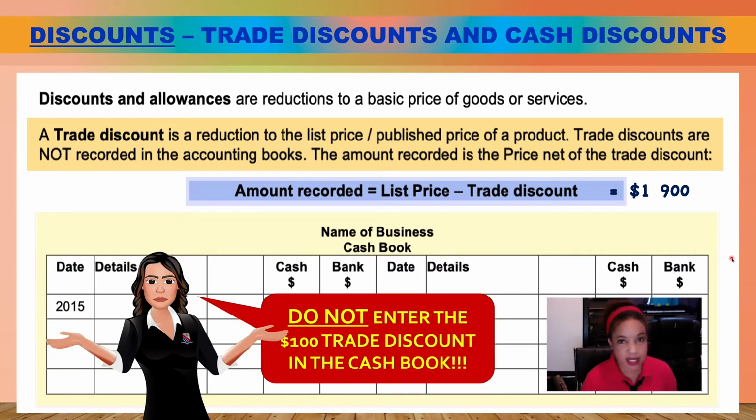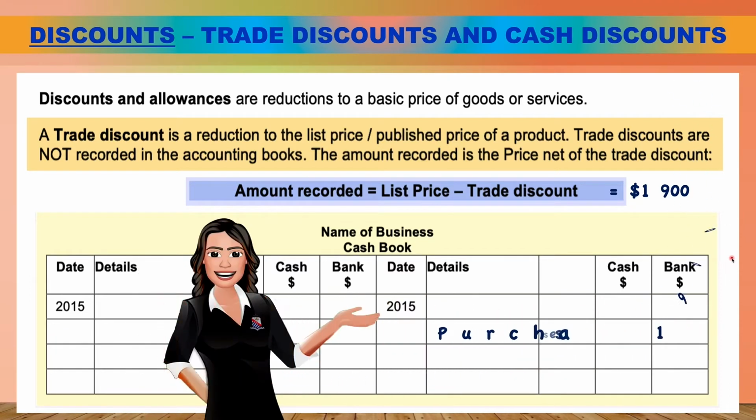You are not to enter it there at all because there is no column for it. The columns that make it a three-column cash book are not for trade discounts. Instead, they are for the cash discounts, so the only thing that will be entered would be the $1,900. You see there? You're not seeing the $100 at all because it is not reserved in terms of this column.